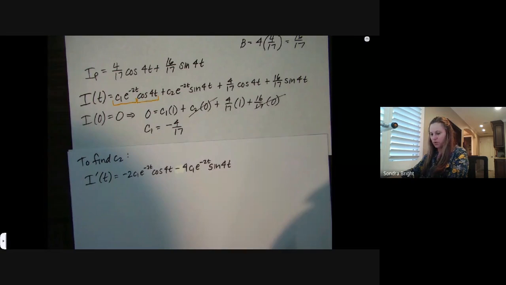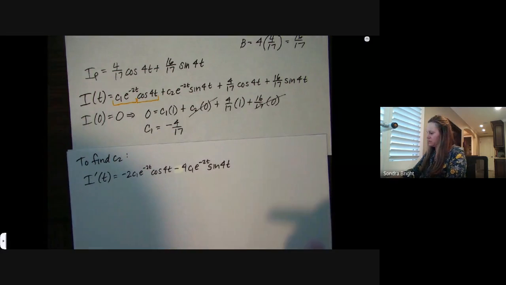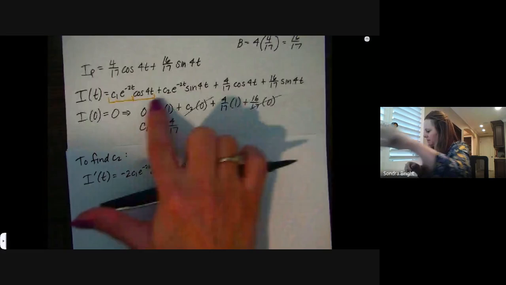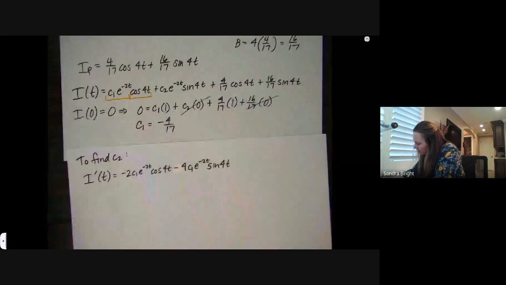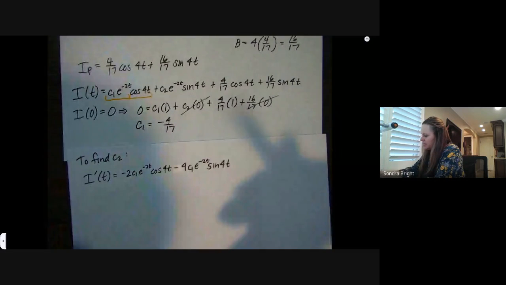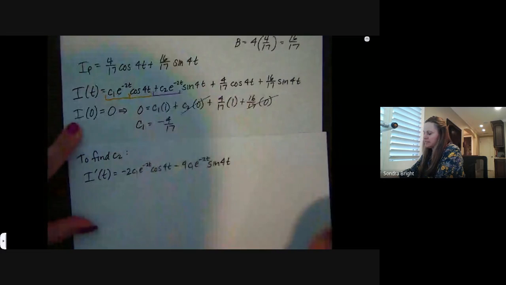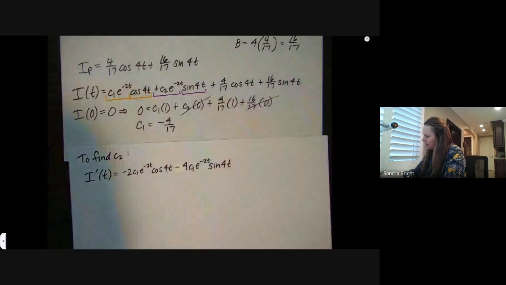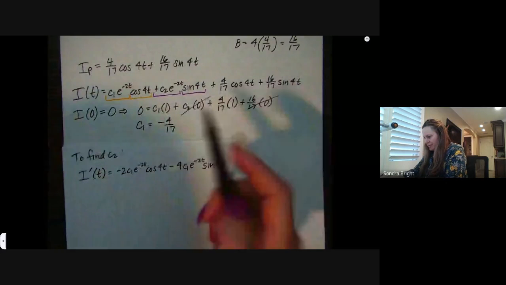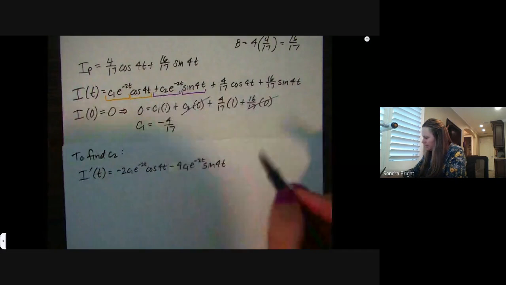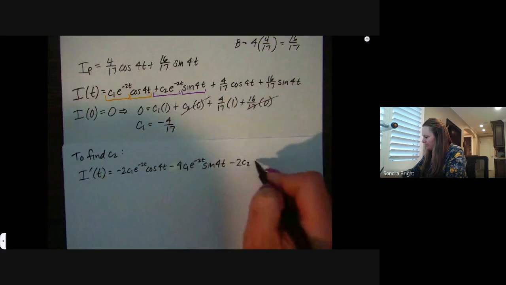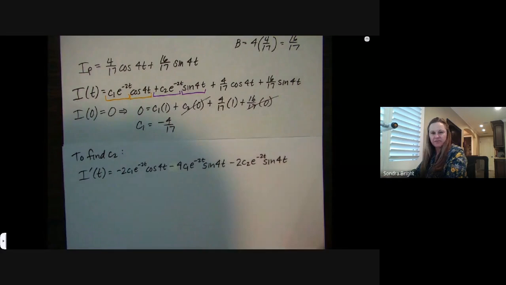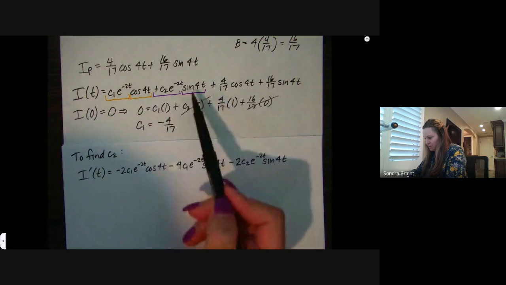Derivative of 4 over, oh, I skipped over this whole term. Okay, got to do the same thing, but with this guy. So I'm going to treat C2 e to the negative 2t as one term, and then sine of 4t as the second term. And so I've got the derivative of the first would be a negative 2 C2 e to the negative 2t, just times the second one, and then plus the derivative of sine of 4t, which would be cosine of 4t, but times 4.